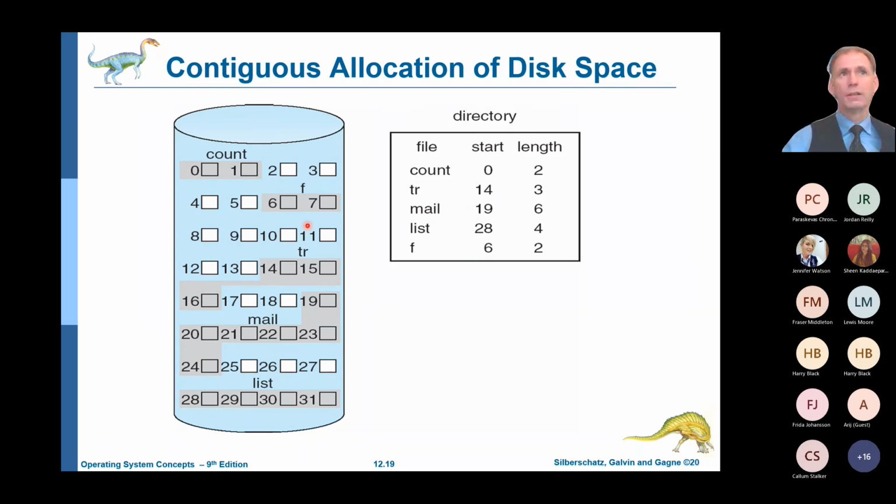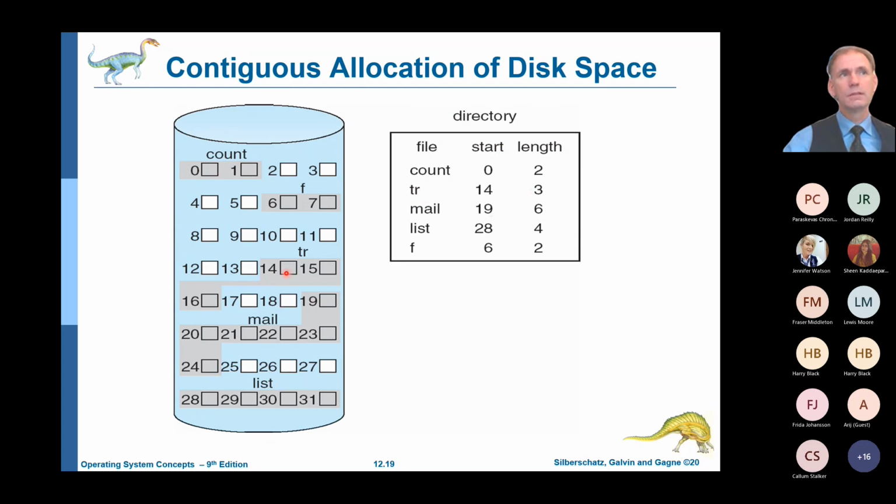So what we've got here is how we're thinking about our file. We've got a file called count, and we can store that in our directory saying count starts at 0 and it is 2 long. And if we go to our physical device, we can see that starting at 0 and for 2 blocks, we have our file count. TR starts at 14 and is 3, so we go to 14.